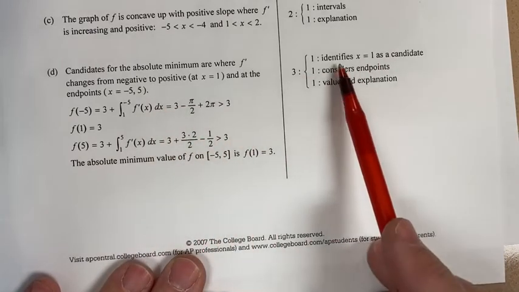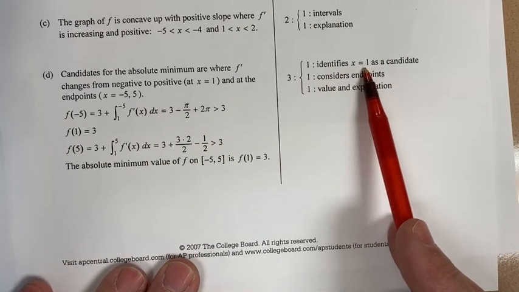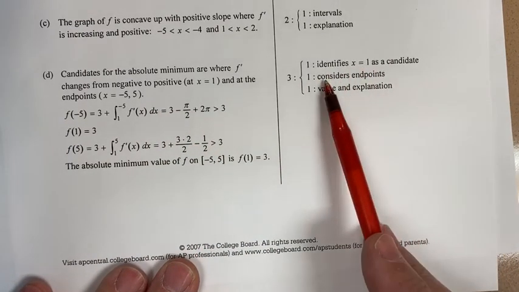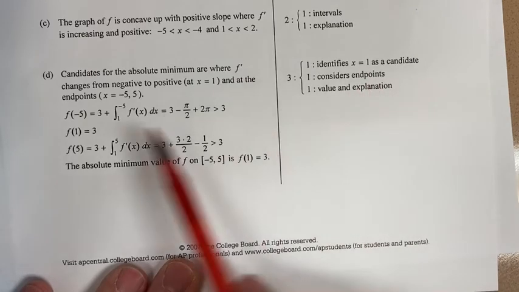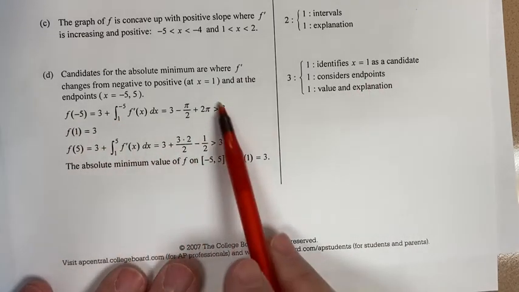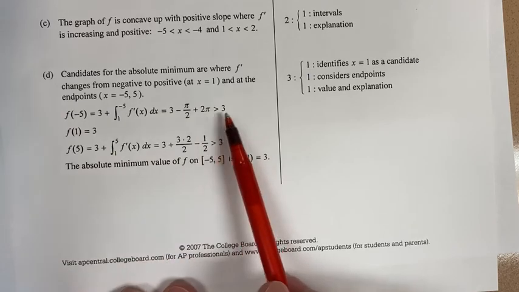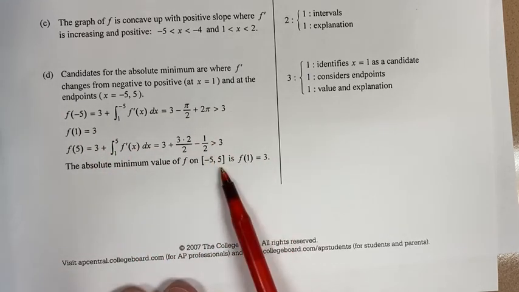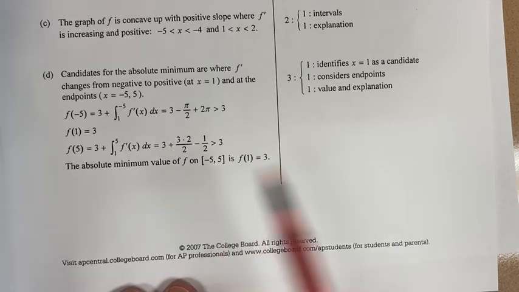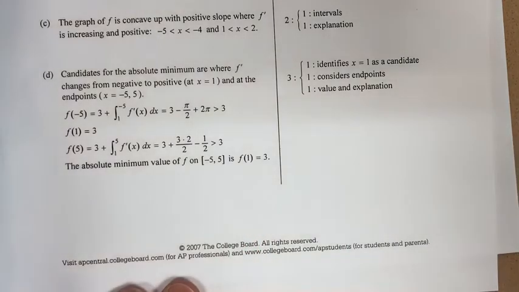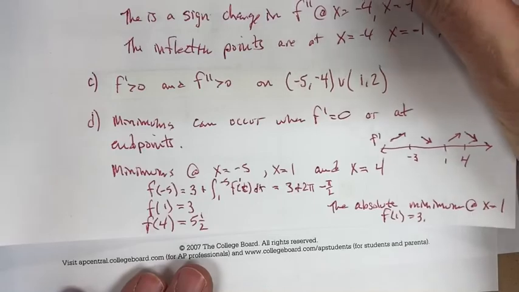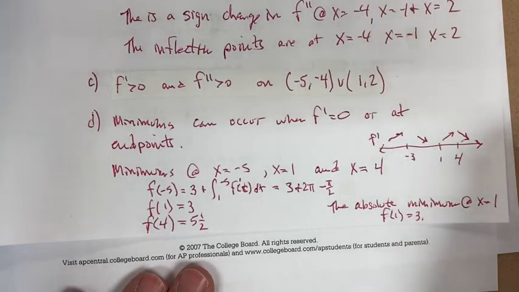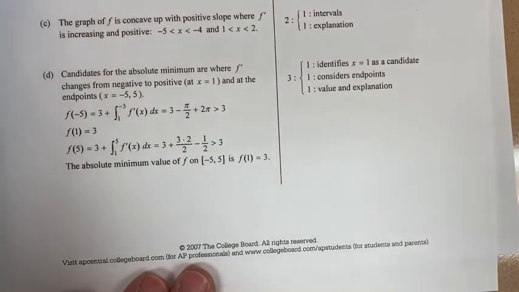And then identifies x equals 1 as a candidate, right? Considers the endpoints, and look at, they did it in a similar way that I did, right? And find the absolute minimum. They gave the interval when they summed it up, and I didn't. Would not lose points for that, but maybe it's a little more concise when you give the interval. Anyway, there you go.